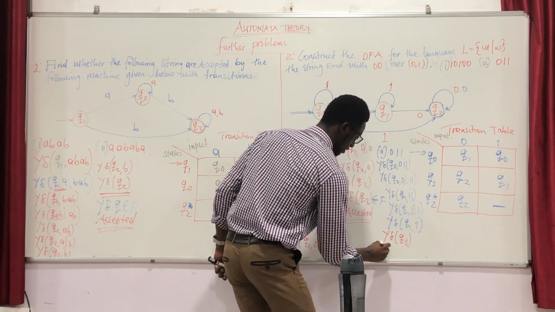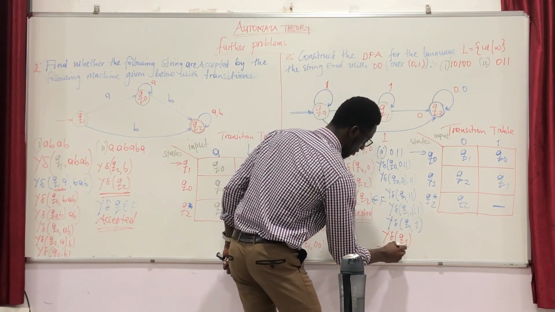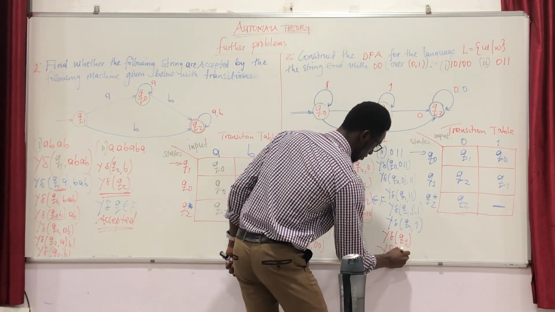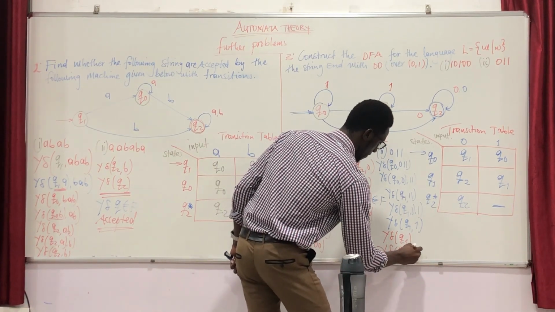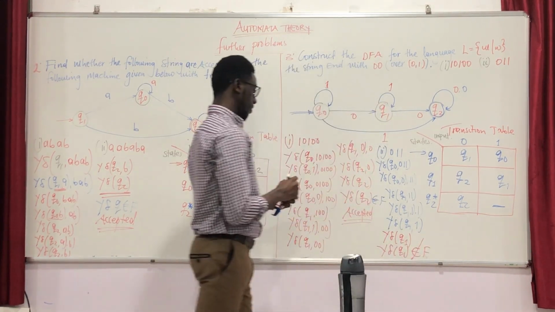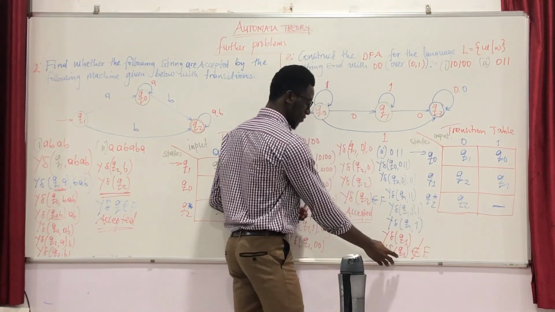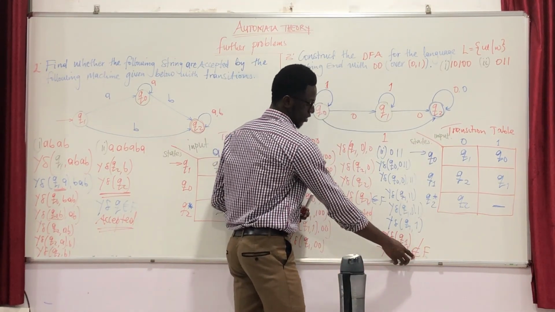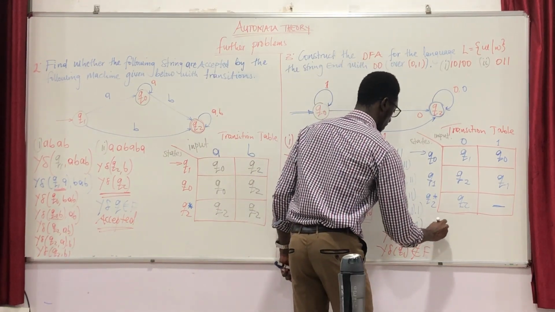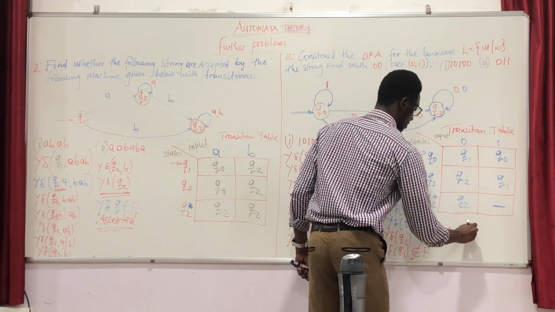Therefore, as you can see, this is not accepted by the automaton. It ends in Q1, but our final state is supposed to be Q2, so it's rejected.